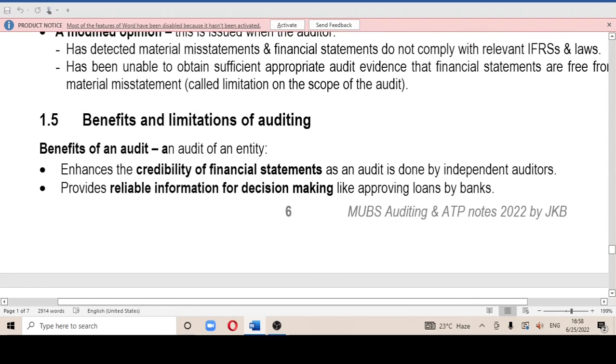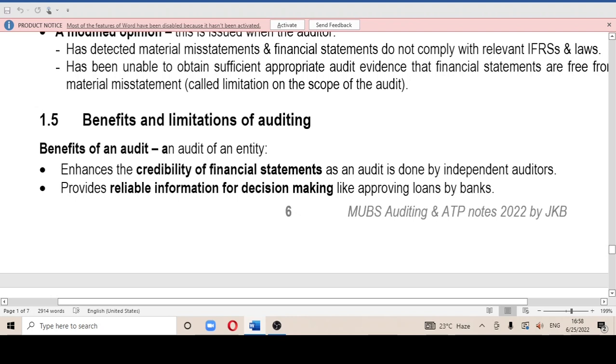Then looking at the benefits and limitations of auditing. The benefits of an audit include that it enhances the credibility of financial statements, as an audit is done by independent auditors. Since it is done by independent auditors, it will add credibility to an entity.